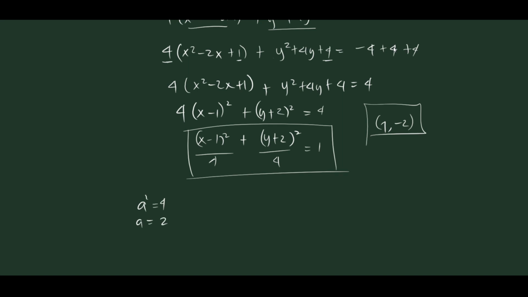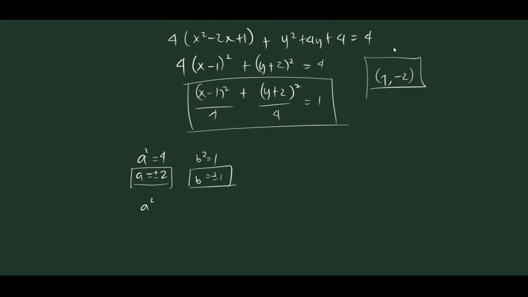So our distance from the center of our ellipse to a vertex is 2, so positive negative 2. And our b right here, b squared is equal to 1, so b is equal to positive negative 1. In order to find the c, we can use a squared is equal to b squared plus c squared.